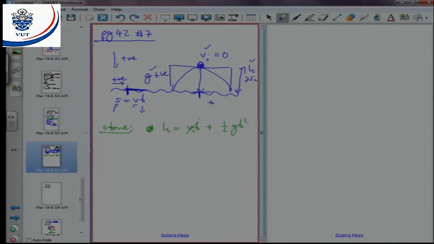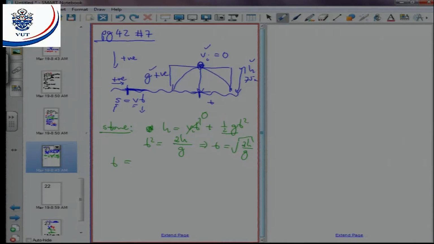Okay, so Vi is 0, so that term is just 0. We are looking for t, so we need to divide by half g. So t squared equals 2h over g, which means t is equal to the square root of 2h over g.